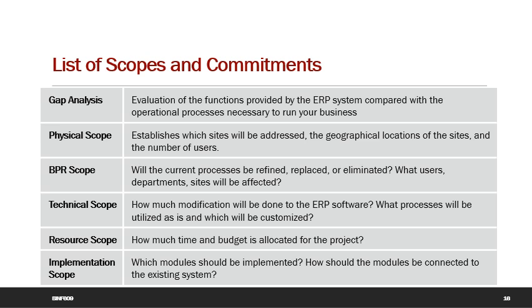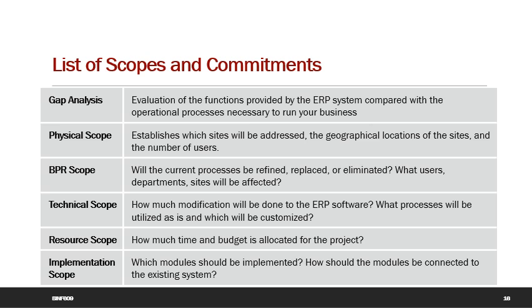The gap analysis is the evaluation of the functions provided by the ERP system. The physical scope establishes which sites will be addressed, the geographical locations of the sites, and the number of users. The business process re-engineering scope identifies the current processes to be refined, replaced, or eliminated, and what users, departments, or sites will be affected.